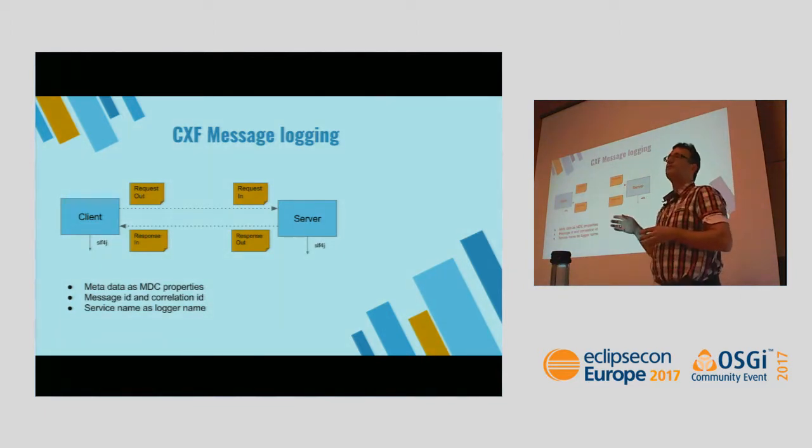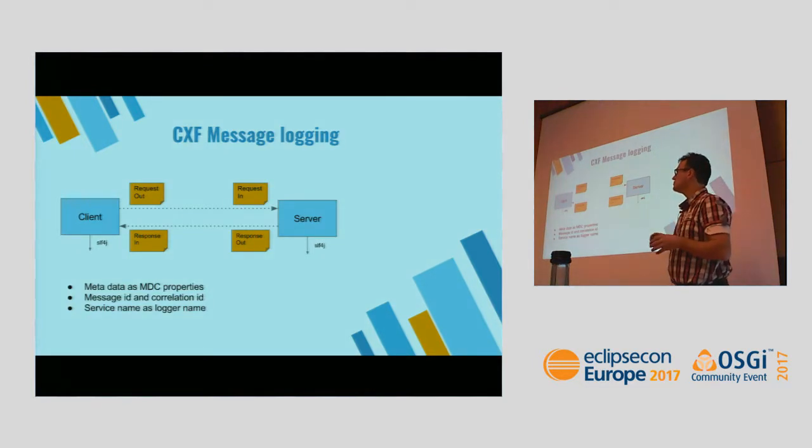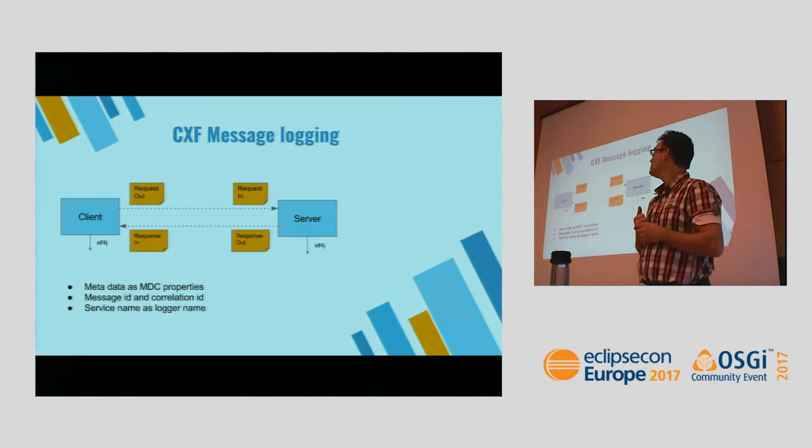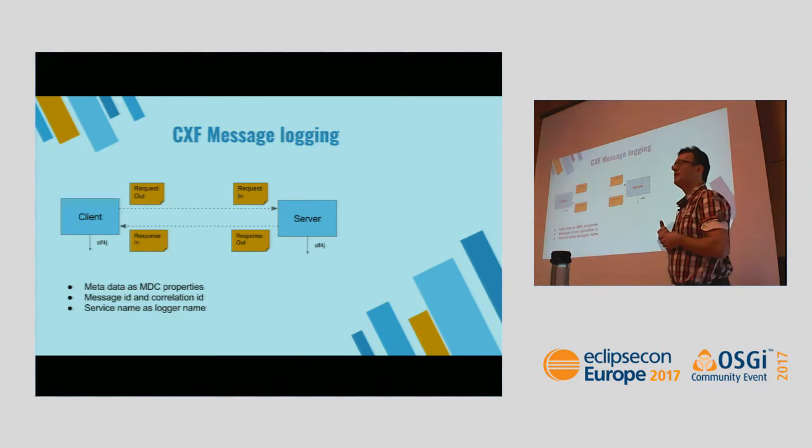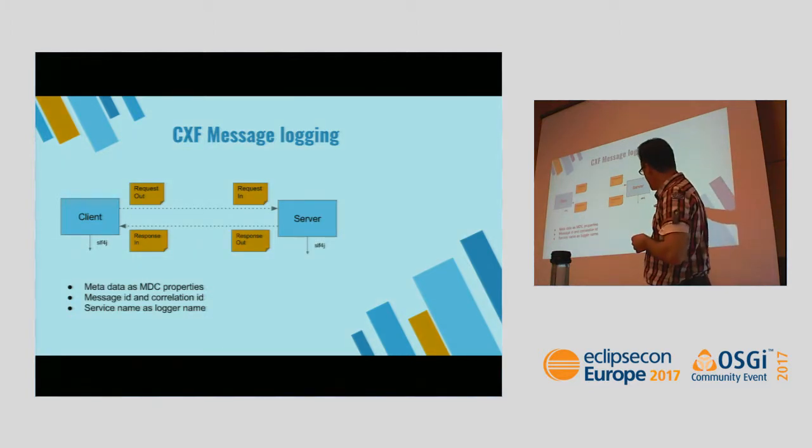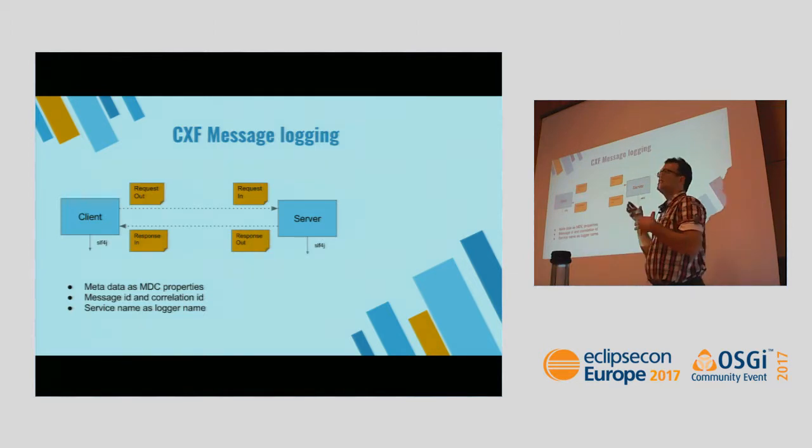CXF already provides, now not so new anymore, a message logging feature. It's not the old message logging that is now deprecated. It's in a separate module in CXF. And the nice thing is, it doesn't really use Decanter directly or whatever.